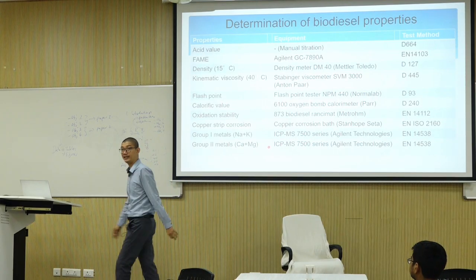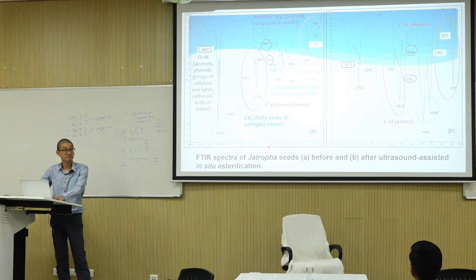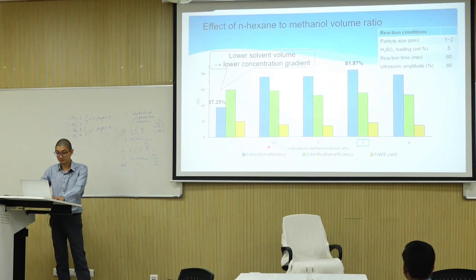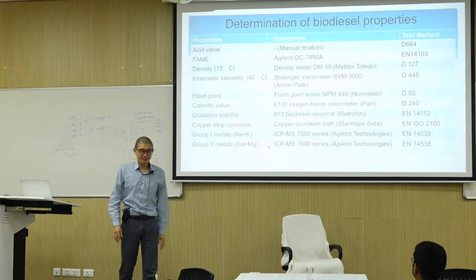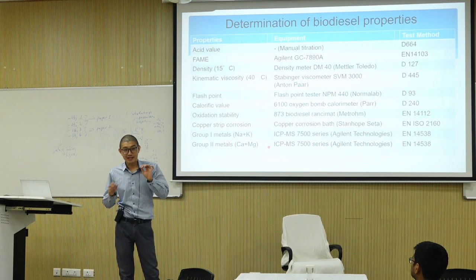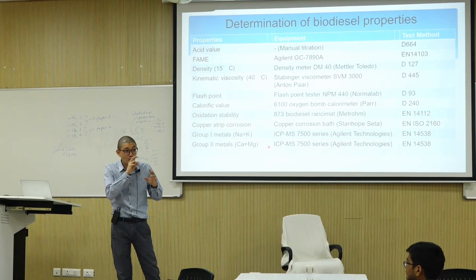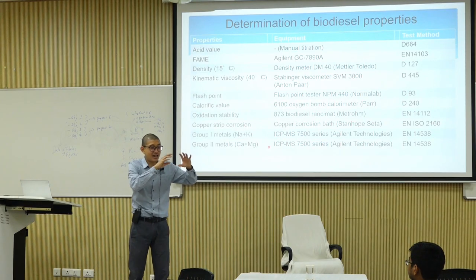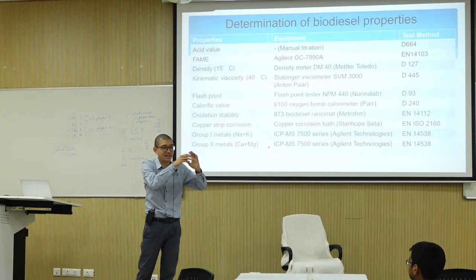So any other questions? What is the importance of the copper strip corrosion? Oh, copper strip corrosion. Okay, that one. Previously I mentioned that biodiesel with a higher acid value will cause wear and tear on the engine or genset components.